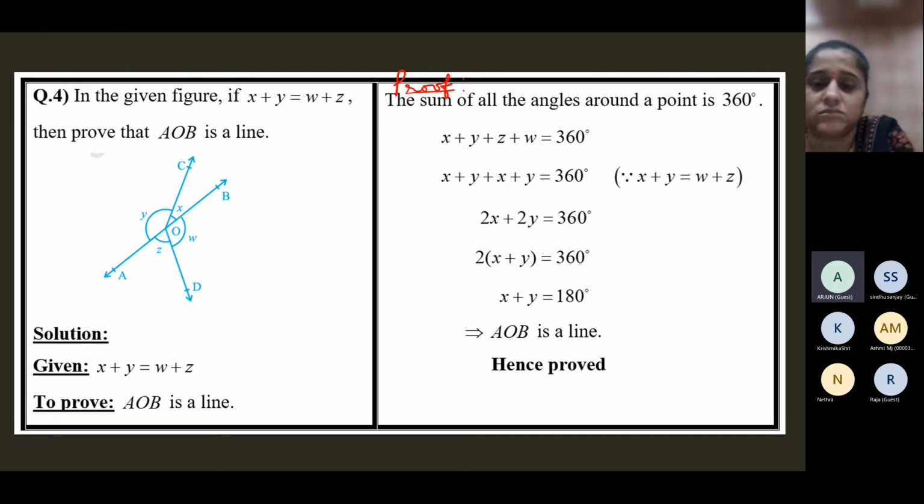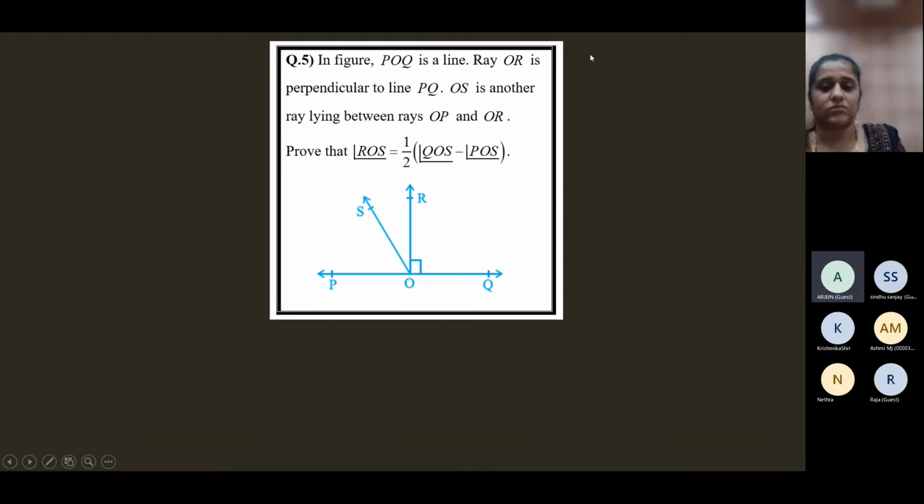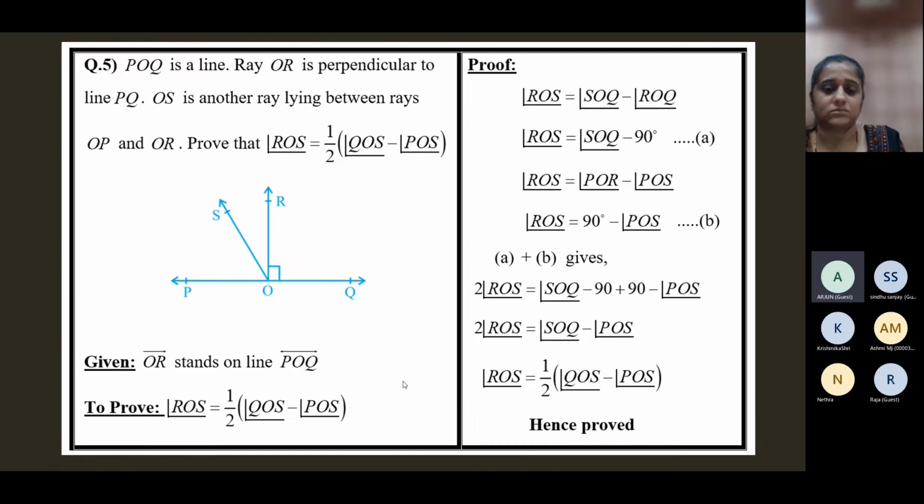Okay. First help yourself, then we'll discuss. Go through the proof. Understand as much as possible, and then we'll discuss.